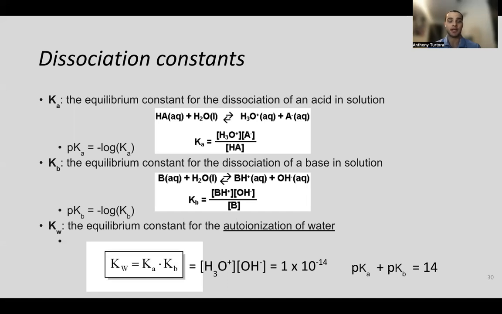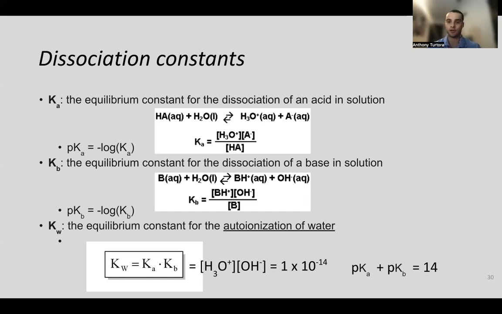And our pKb, sorry, is a negative log of Kb. And essentially what p means is just a negative log. The reason that we use this is because it makes the values more tangible. They make them cleaner, easier to deal with.